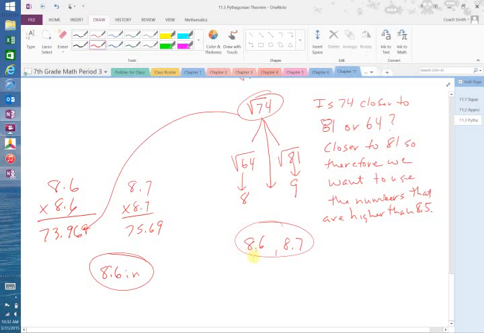When we checked the 8.6, it came out to be 73.96, which is 4/100ths away from 74. So that's the closest one, because 75.69 would be 1.69 larger than 74. Okay?